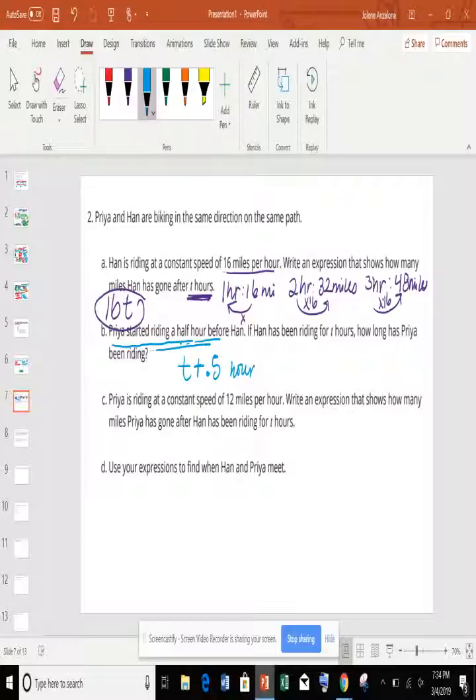So I'll take Han's time and then I add half an hour to it. So if Han rode for 5 hours, Priya was riding for five and a half. If Han rode for 10 hours, Priya was riding for 10 and a half because she's a half hour ahead. Now make sure that you write your T in a way that you can tell the difference between the T and the plus.